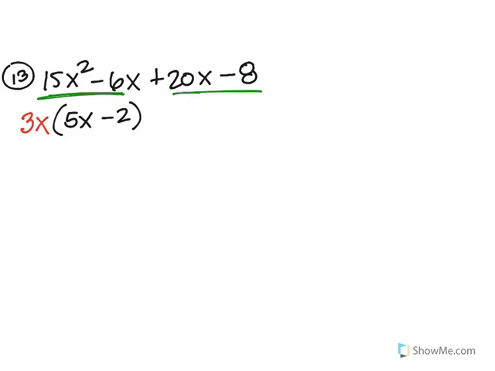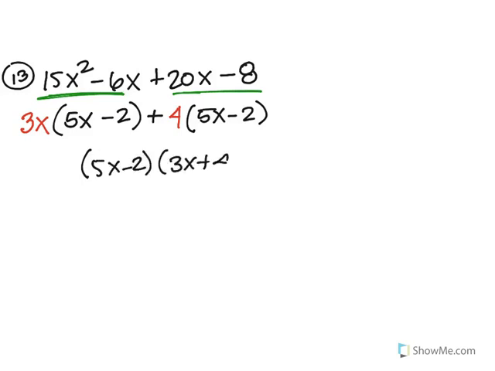And then on the second two, you can take off a positive 4, and then that will leave us with 5x minus 2. And so we would have the 5x minus 2 and 3x plus 4. Do y'all see that? So it would be that 3x plus 4 as the factor.